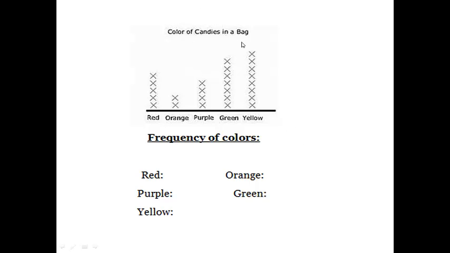Alright, so remember we were talking about these X's mean 1. Well, these X's now mean one candy, basically, is what it's talking about. So let's see how many, the frequency. Remember, frequency means how many. How many reds did we have? We had 1, 2, 3, 4, 5 reds. How many purples did we have? 1, 2, 3, 4.